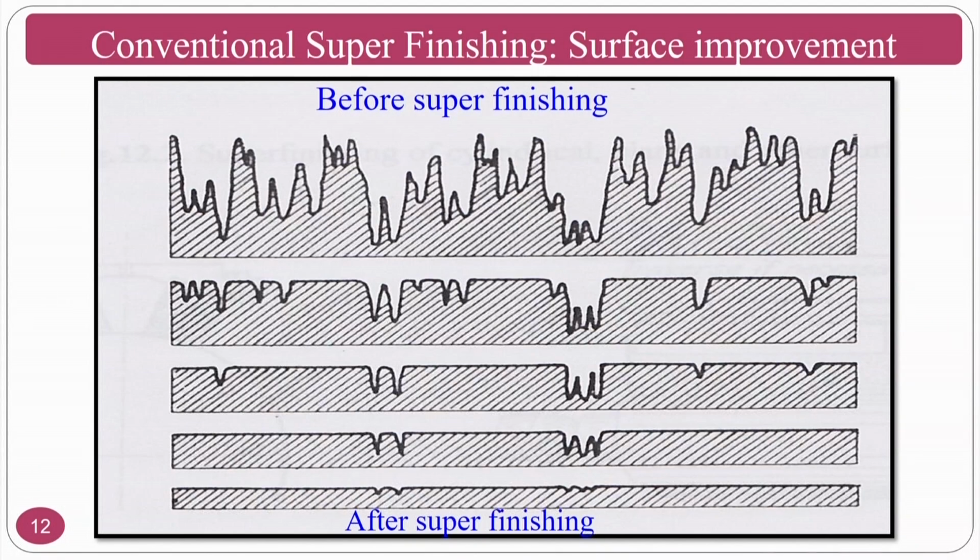If you see super finishing, normally this is the initial surface roughness, and this is the final surface roughness. Okay, what is going to take place here?